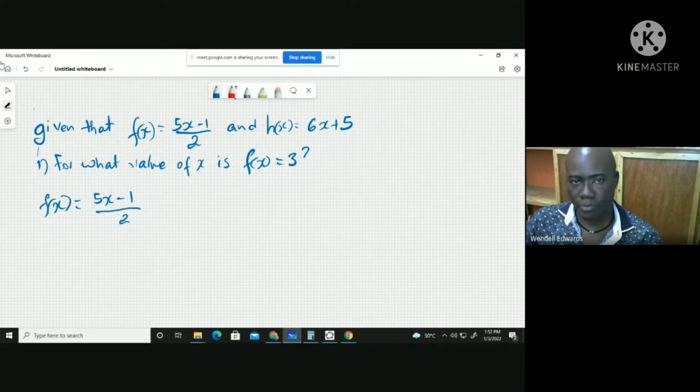What is this saying? What value could I put here? Substitute and work it out, and my response becomes 3. That's what it is really saying.